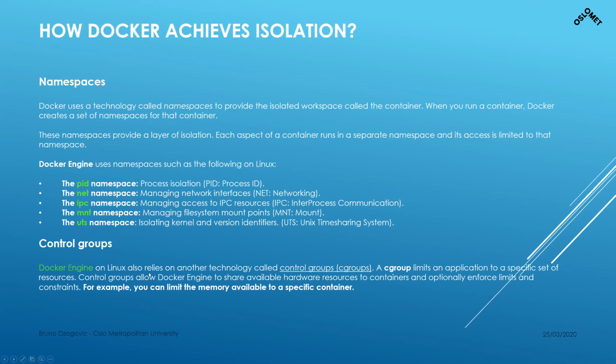The Docker engine on Linux also relies on another technology called cgroups, control groups. What is a control group? The control group limits an application to specific resources. There are flags you can add to the container, or this is usually done with Docker Compose or in a Dockerfile, because rarely will you be deploying a container from scratch and just redeploying again. You have to have some file to save this.